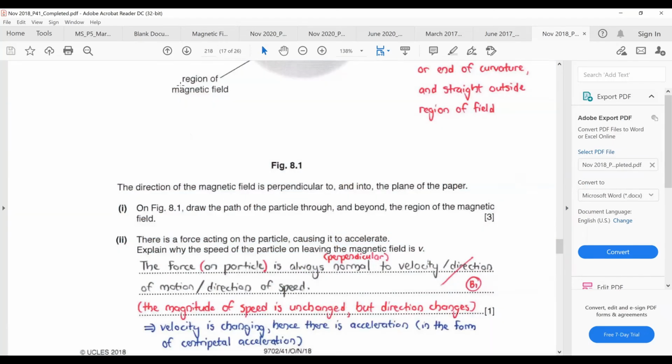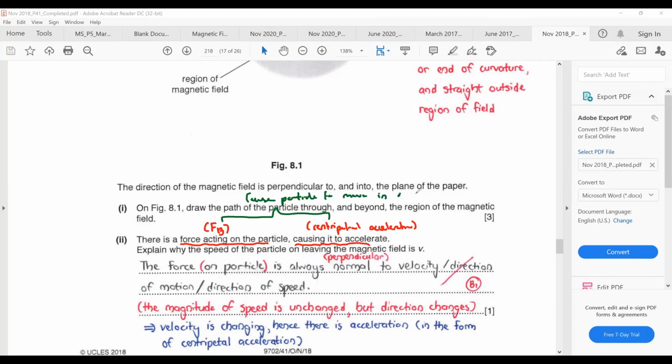I mean, they did not tell you specifically what it was, but from here you should be able to know that the force acting on the particle here is actually your magnetic force. And then causing it to accelerate here is actually causing your centripetal acceleration. Okay, this one causes the particle to move in a circle.